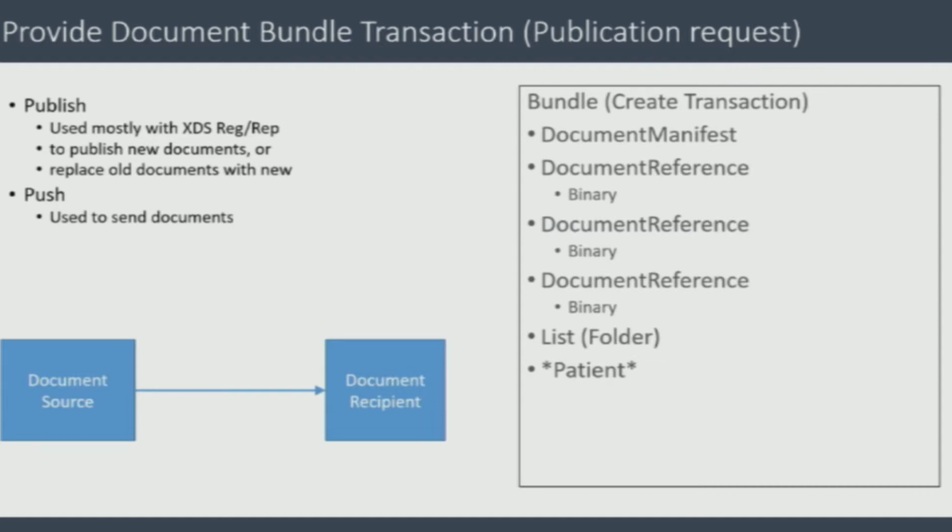Some of the other factors that get involved in MHD, because MHD is intended to be an API to XDS and has many of the constraints around XDS, you'll notice that the author element and the source patient info element are required by MHD to be contained resources.